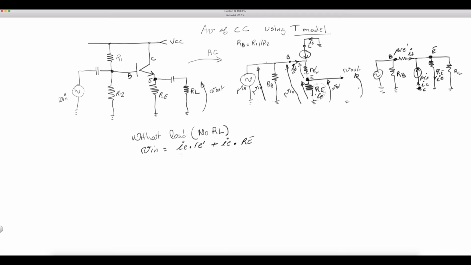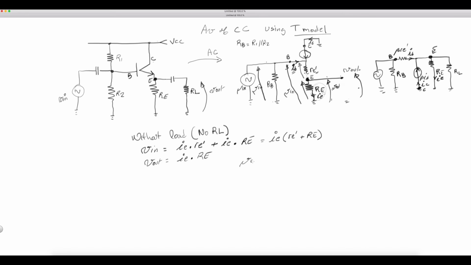So we can factor little IE, and that would be little RE prime plus big RE. How about V out? Well, V out itself is little IE times big RE, right?